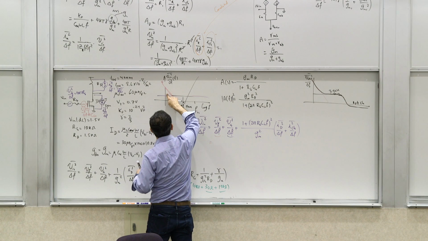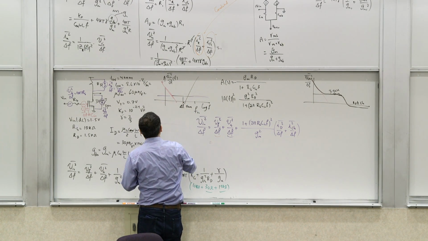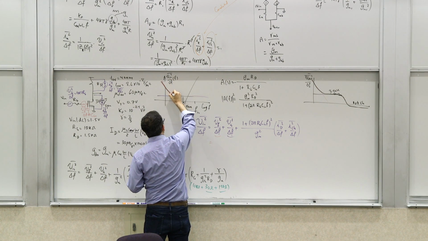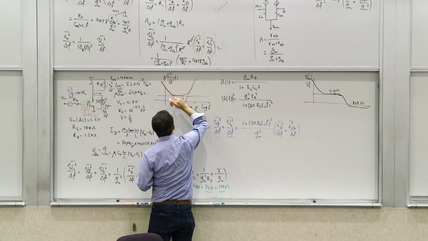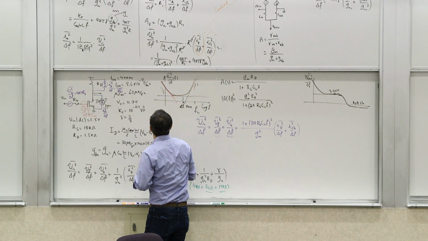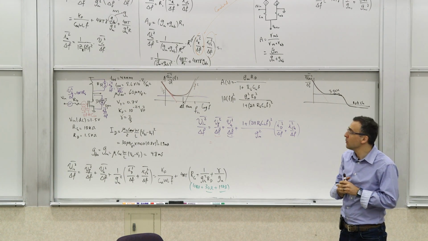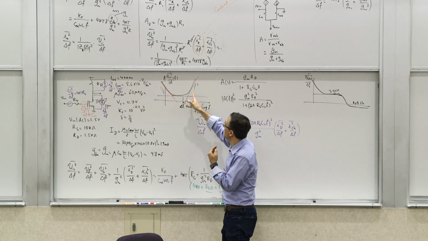So it's steeper than that. This is 1 over F, remember. But this is 1 over F squared. So overall, your noise behavior will look like this. So this is 1 over F, and this is F squared over the frequency. So the input referred noise behaves like this.